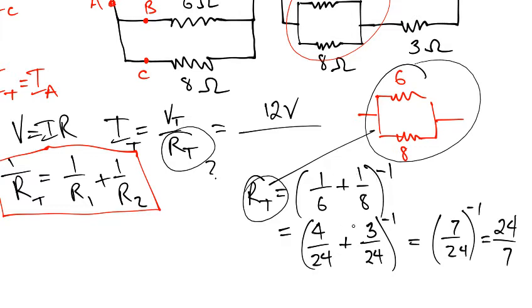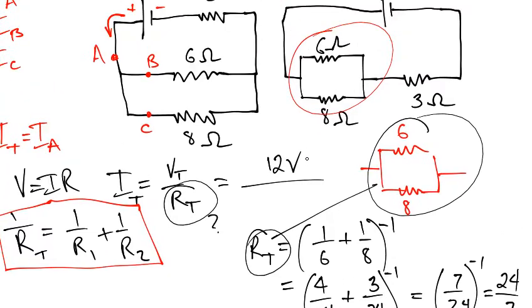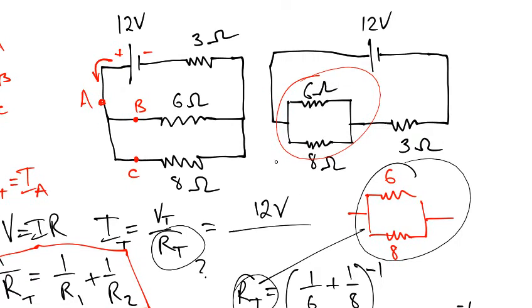So now that I know what that is, I know that this red circle here is basically equivalent to 24 over 7. So now that I know that this thing here can be replaced by one resistor that is 24 over 7. Oops. Made a mistake there.